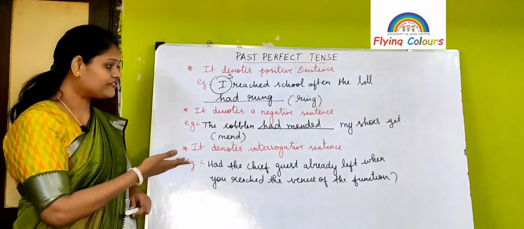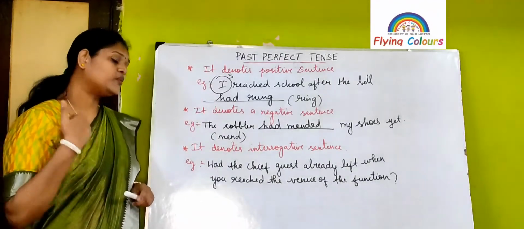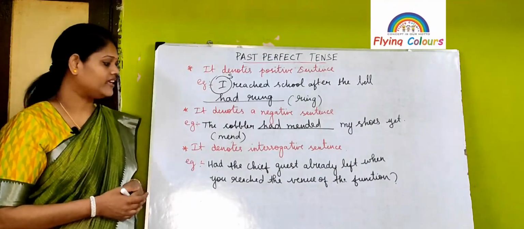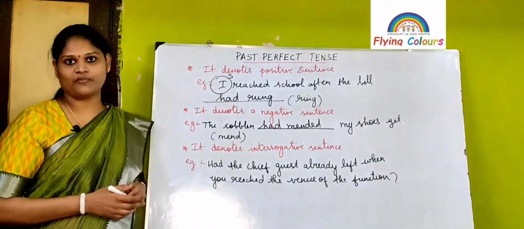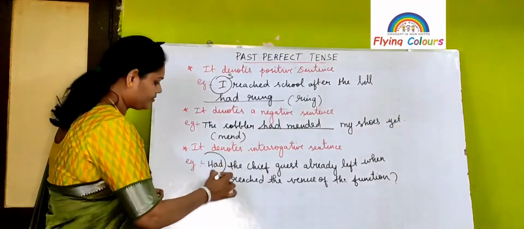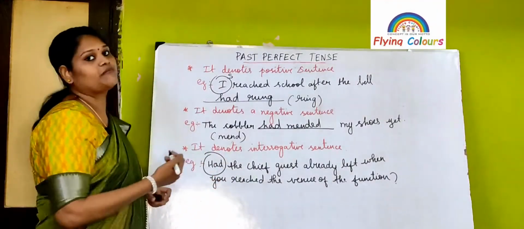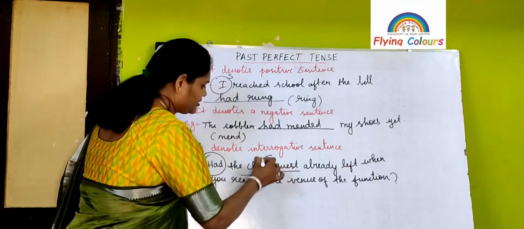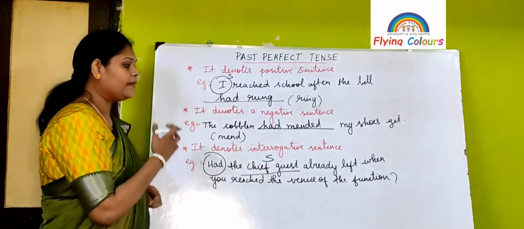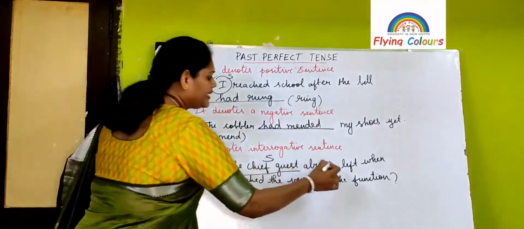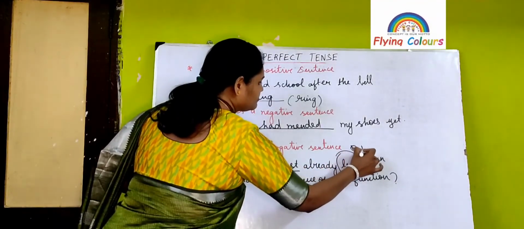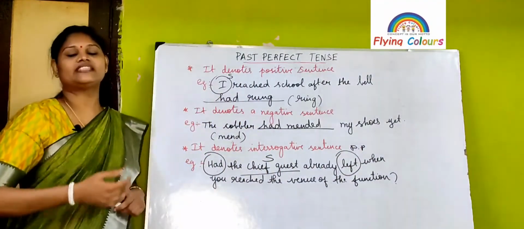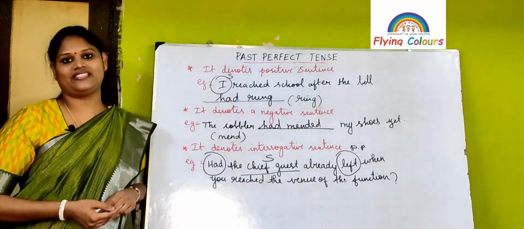Example, had the chief guest already left when you reached the venue of the function? Question mark, right? I told you had will come for past perfect tense. So, had. Okay. What is the subject in this sentence? Chief guest. So, chief guest is the subject. So, subject plus had plus past participle. Here, left is the past participle. So, had the chief guest already left. That is the past perfect in this sentence.